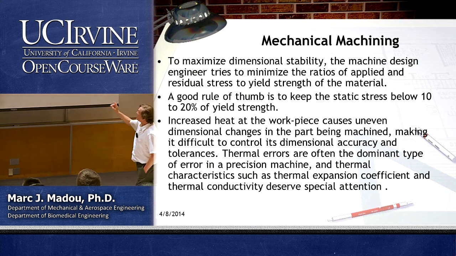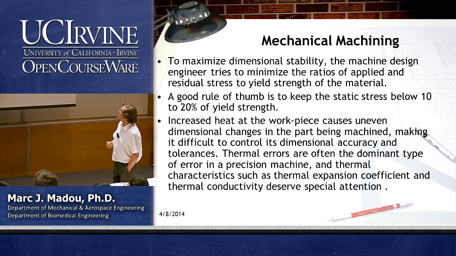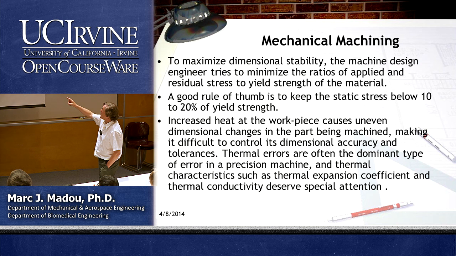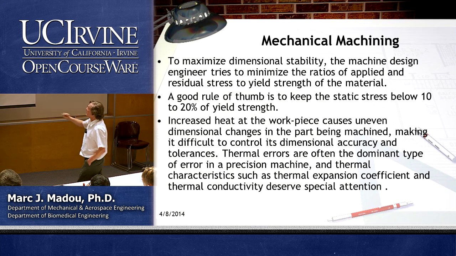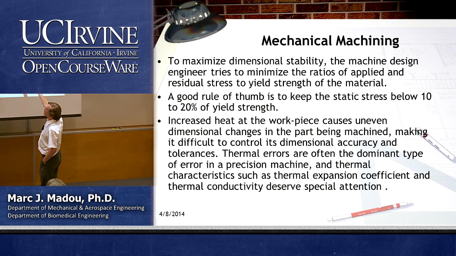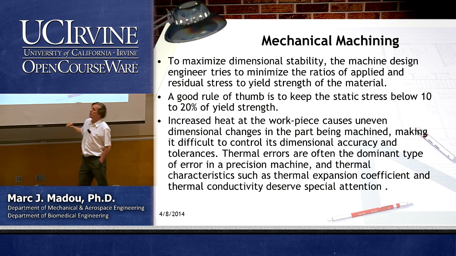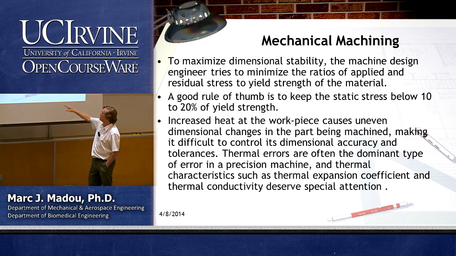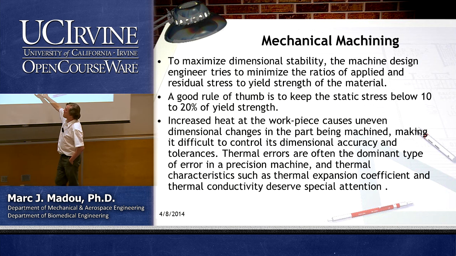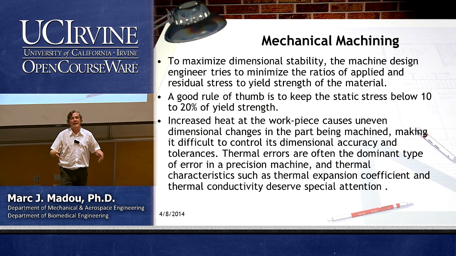Increased heat at the workpiece, I was just talking about that, causes uneven dimensional changes in the part being machined, making it difficult to control its dimensional accuracy and tolerances. Thermal errors are often the dominant type of error in precision machining. And thermal characteristics such as thermal expansion coefficient and thermal conductivity deserve special attention. That's where people like mechanical engineers come in.